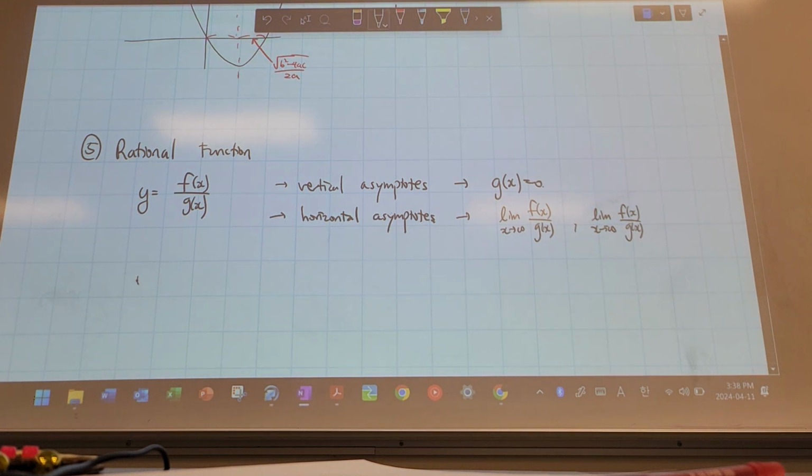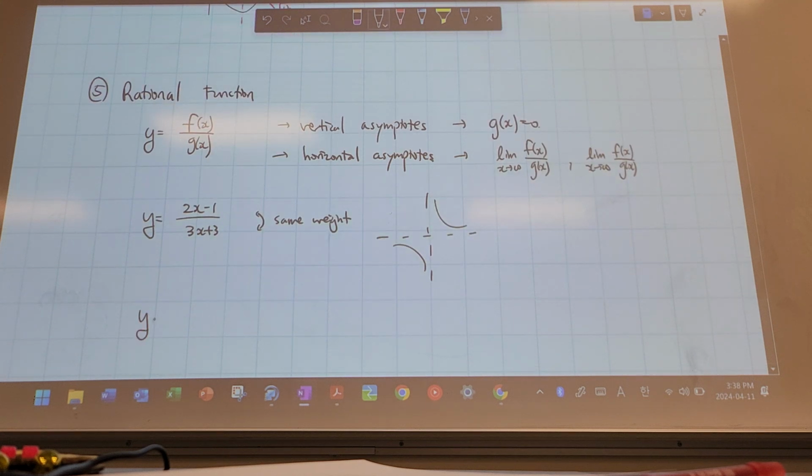So if you have something like 2x minus 1 over 3x plus 3, for example, then this is the same weight. So we have the usual case of a function like this. We have a vertical asymptote, we have a horizontal asymptote. Everything is normal.